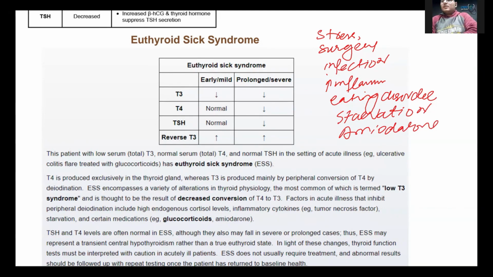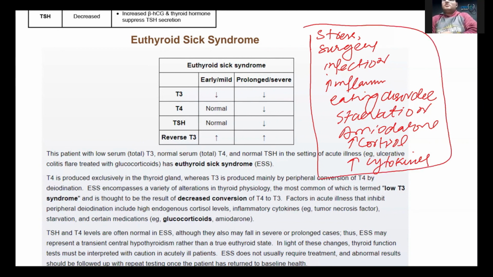Also there is hypercortisolism, increased cortisol, and increased cytokine release. So these are all the conditions that cause euthyroid syndrome.